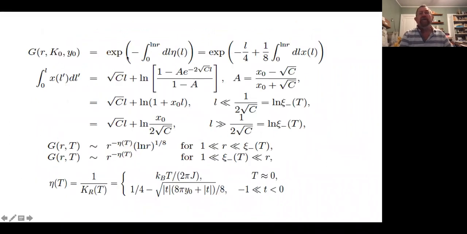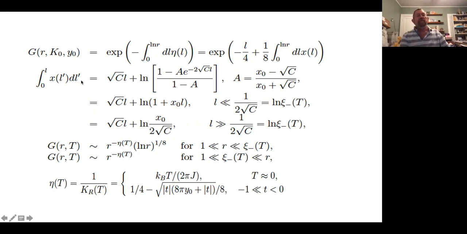And so what we get is that the correlation function can be written as the exponential of this integral over l, but with the upper limit being just the logarithm of the separation R. And if we're close to Tc, this can be written as e to the minus l over 4 plus 1/8 integral 0 to log R of dl times x(l). Remember, x(l) is the deviation of πK from 2.